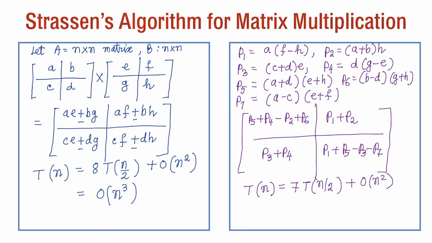And again, by applying the master theorem, we now got order n to the power log 7 to the base 2, because a is 7, b is 2. So we get order n to the power 2.81 approximately, which is much lower than order n cubed.